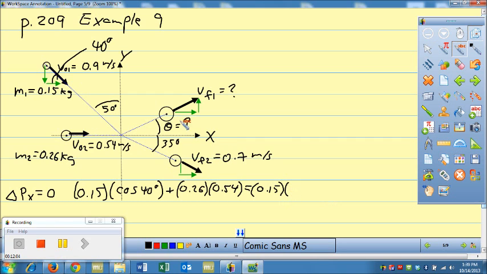now v1 in the x direction, that's v final 1 times the cosine of theta. V final 1 cosine theta.